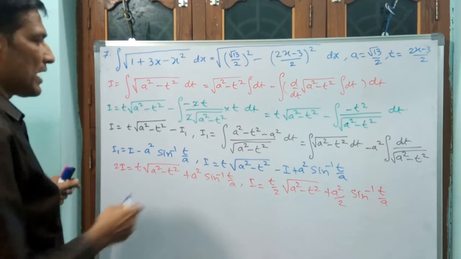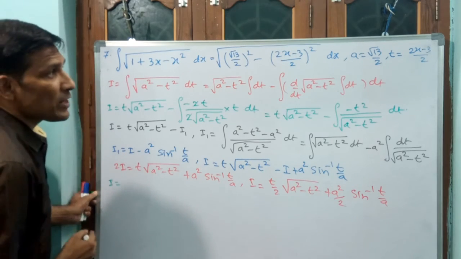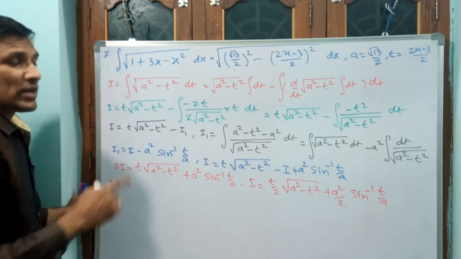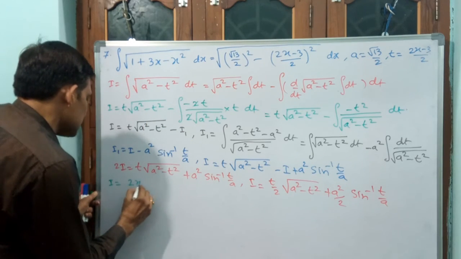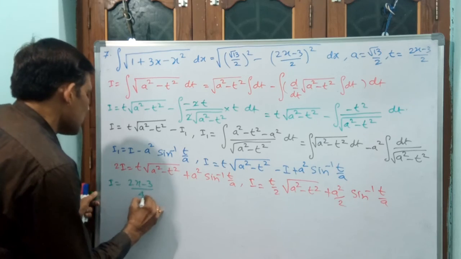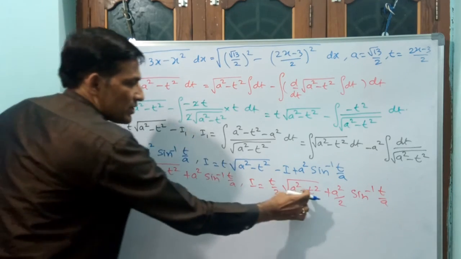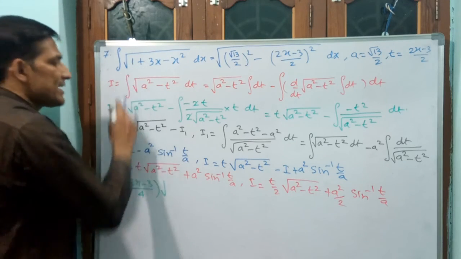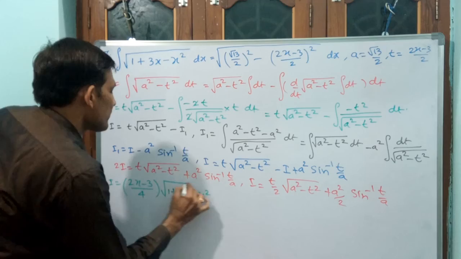I am substituting. You see, I is equal to, t means what? 2x minus 3 by 2, divided by 2, 2x minus 3 by 4. Write down: 2x minus 3 by 4. See, this a square minus t square means you write this entire thing, 1 plus 3x minus x square.